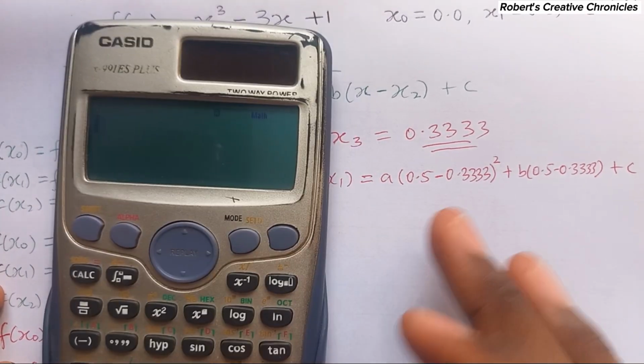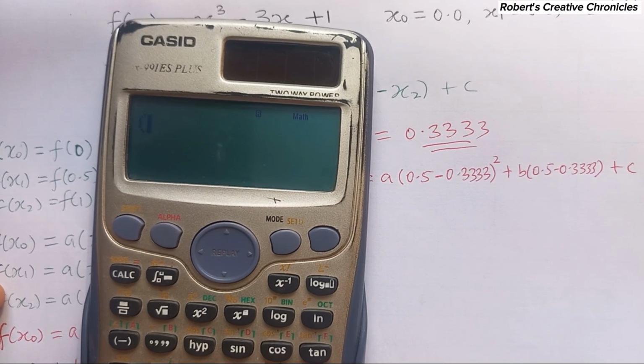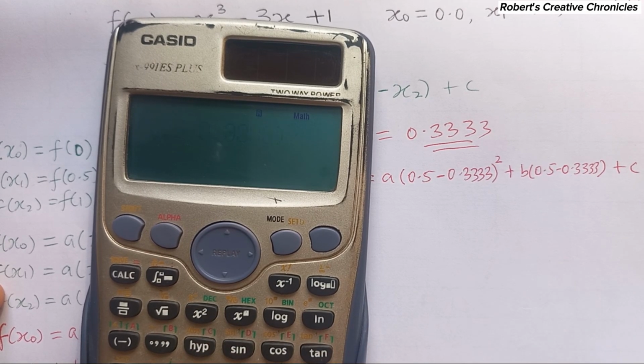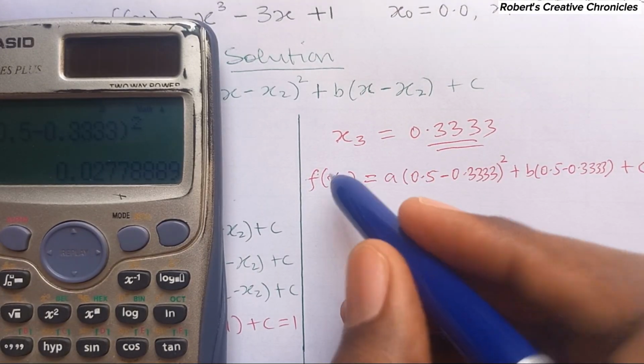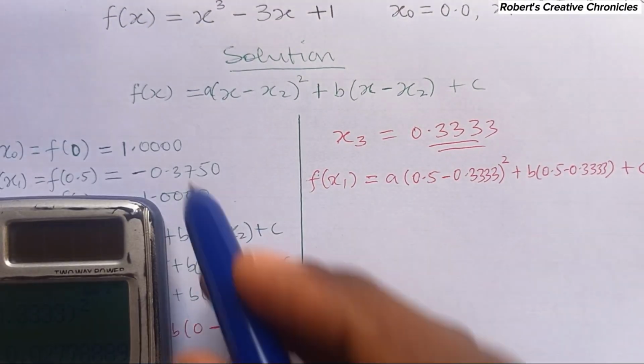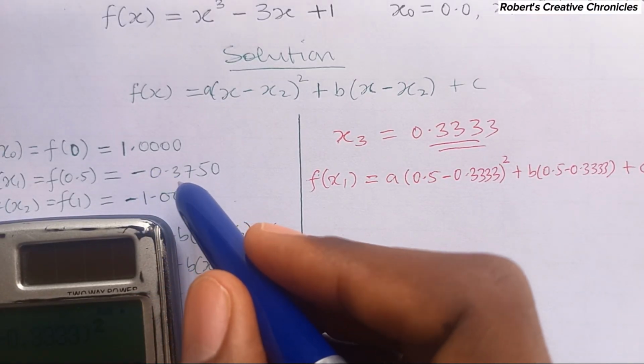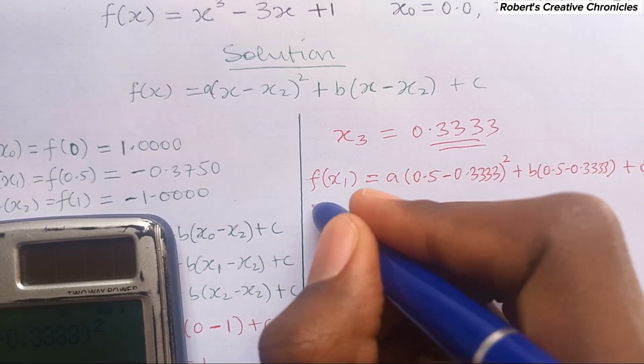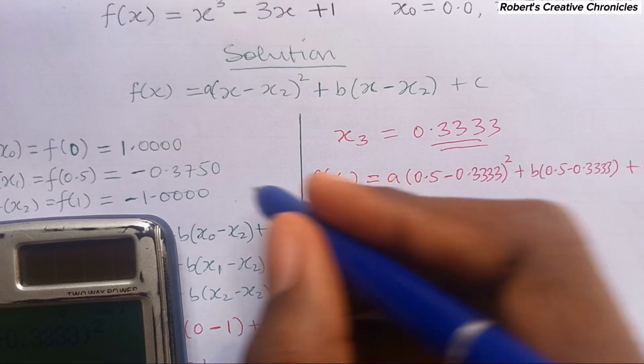So this becomes 0.5 minus 0.333 squared. So I know that fx1 is negative 0.3750.